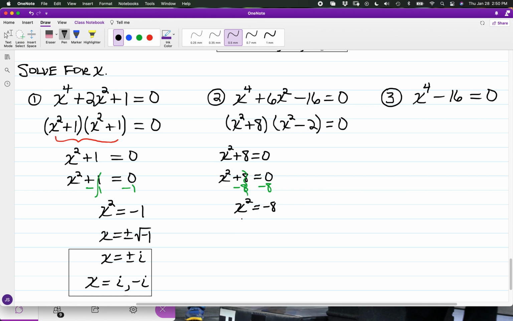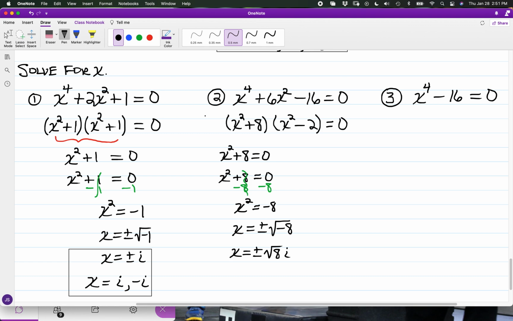And again utilizing the square root property of equality, we have x is equal to plus or minus the square root of negative 8. And right now we have x equal to plus or minus the square root of 8 times i.